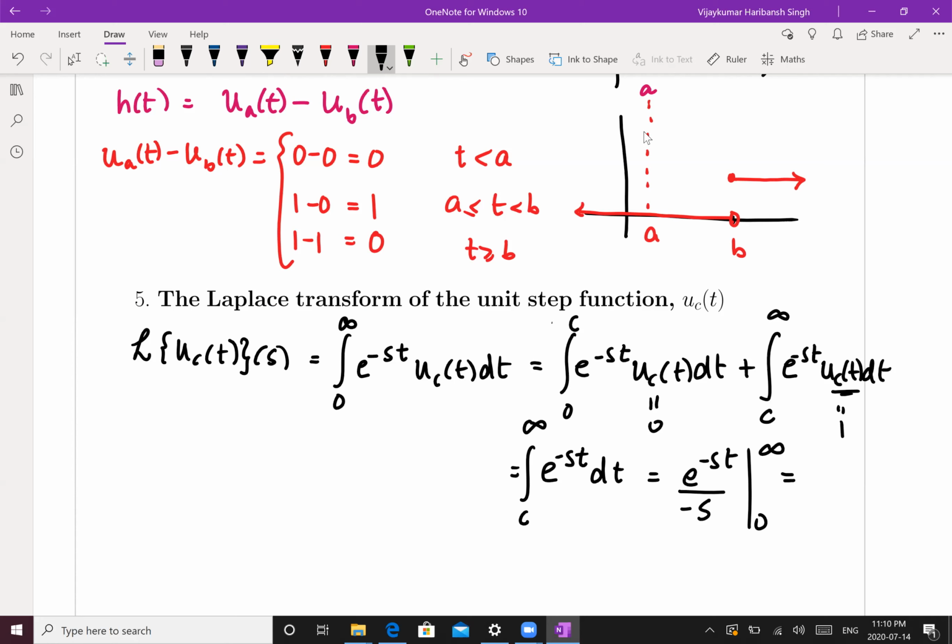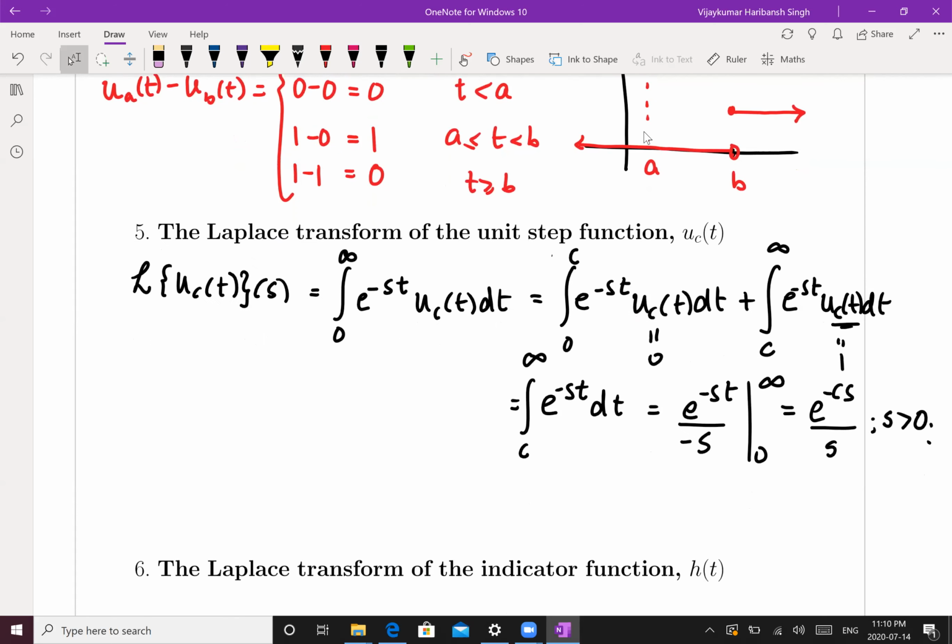However, when you do this computation, you can see that you get e to the power minus cs over s, and you have s greater than 0, my bad. So this can be seen in the formula table, formula 12 of the table in section 2.6.2.